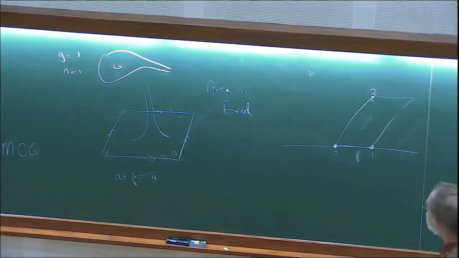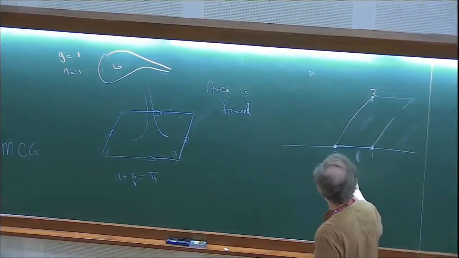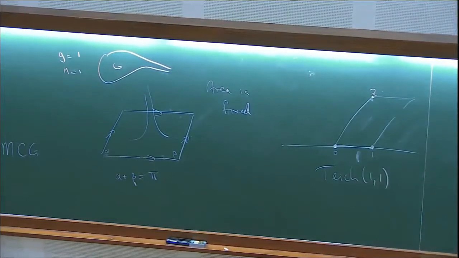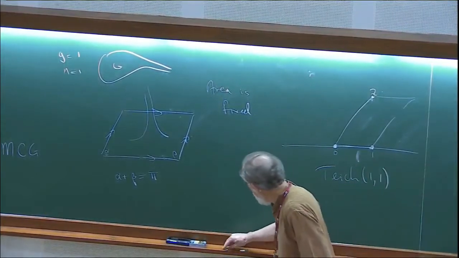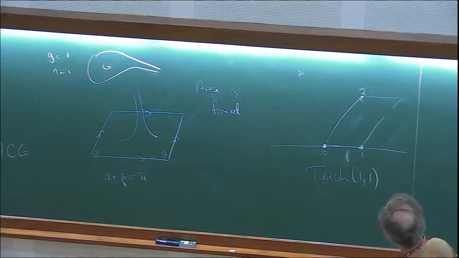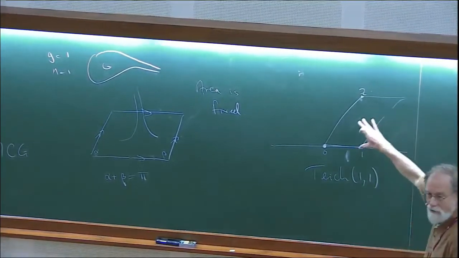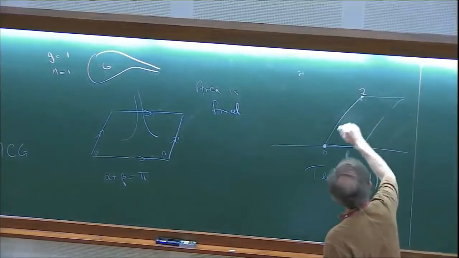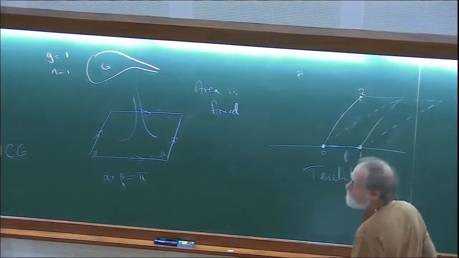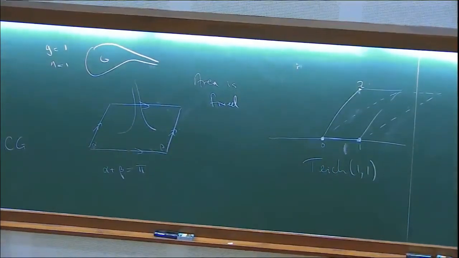But so this gives a picture of Teichmüller space, and you can see that you're getting the upper half plane, which is, I think, well known to everyone. And then if you now think about different lattices, instead of the one that I drew, I would be getting the same geometry.